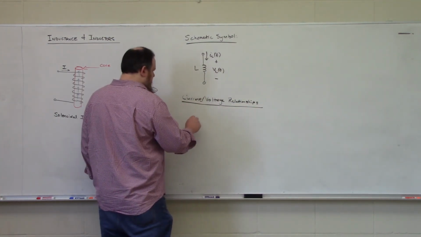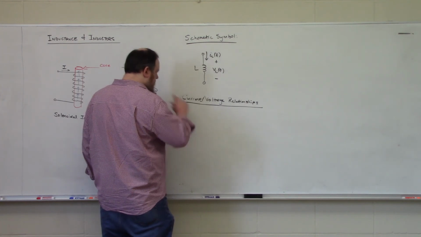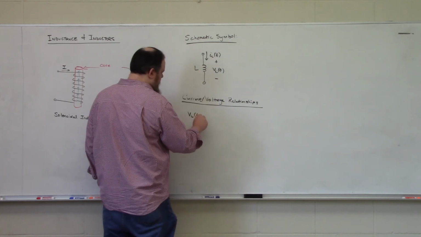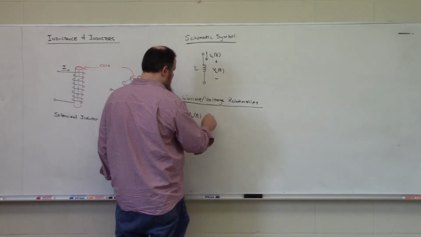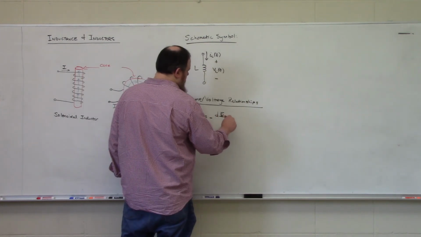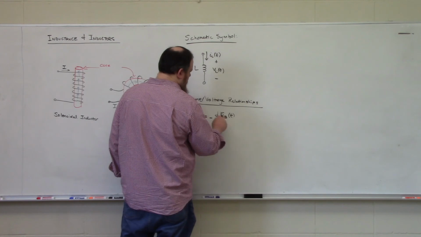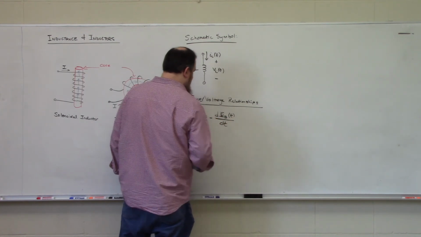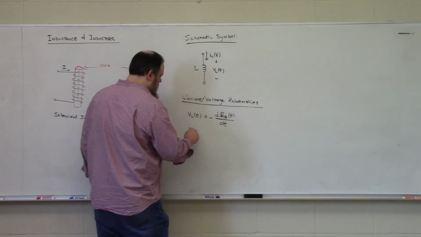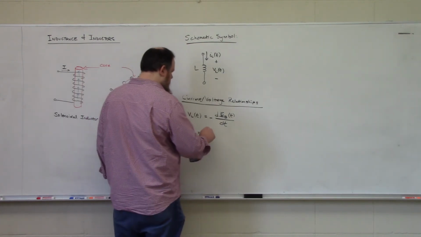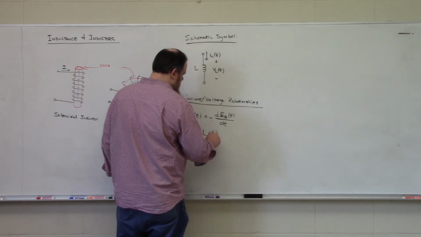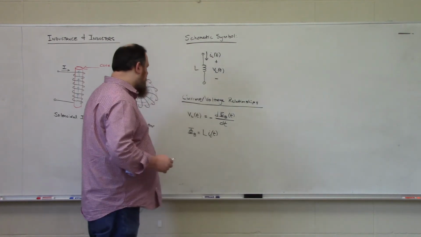So as stated previously, Faraday's law of electromagnetic induction tells us that the voltage drop over an inductor, or the electromotive force, VL, is negative the change in magnetic flux with respect to time, where we know that magnetic flux is L times the inductor current.